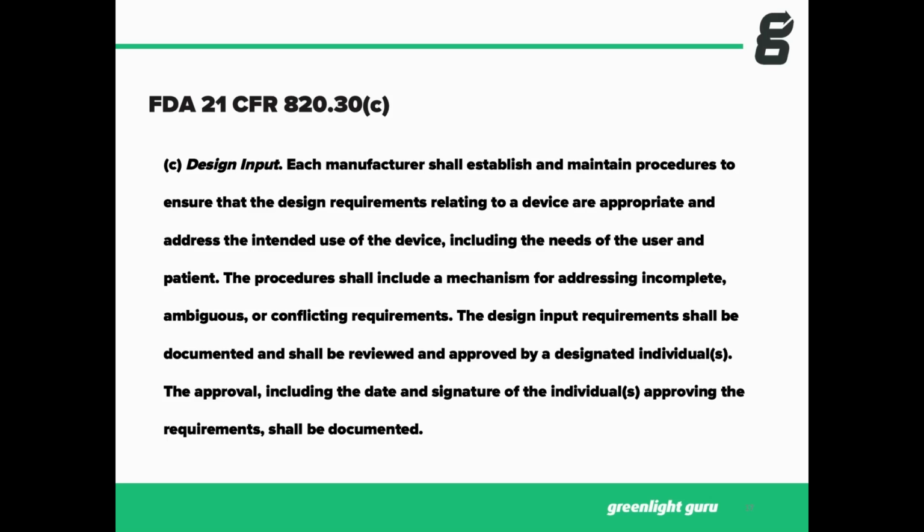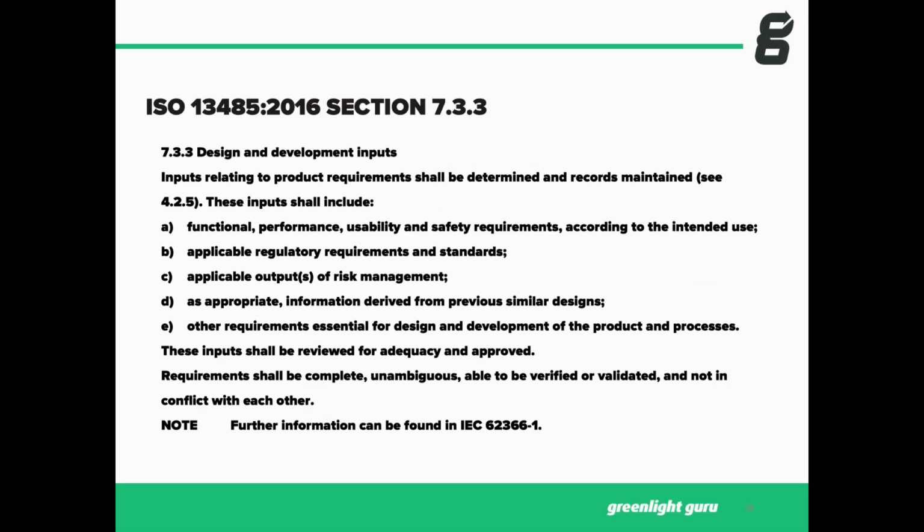As you can see, it talks about how you have to address incomplete, ambiguous, conflicting requirements. It's about making sure that the design requirements are appropriate and address the intended use. So you see that connection to those user needs and to that intended use. You also will need to have mechanisms in place to make sure that your design inputs are reviewed and approved by the appropriate resources within your organization.